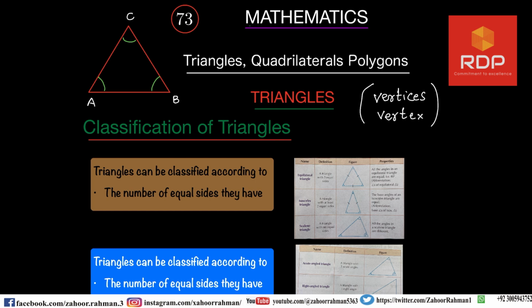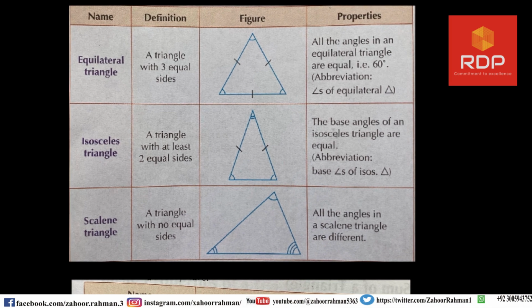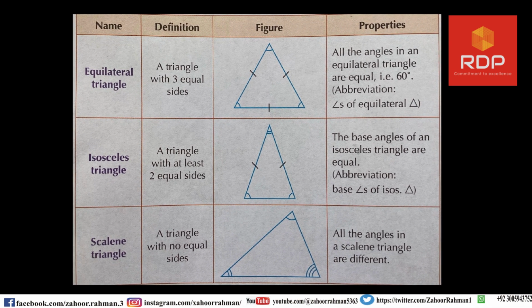One is on the basis of the number of equal sides they have. There are three types of this kind of triangle, and let us focus totally on this table.